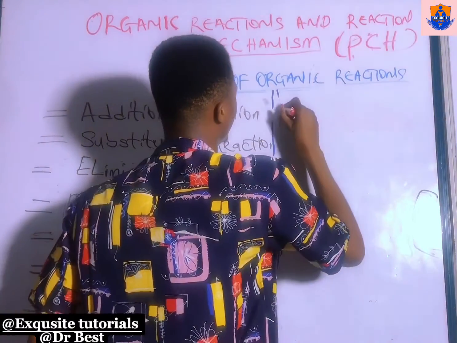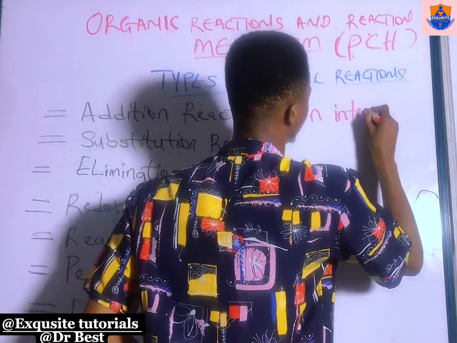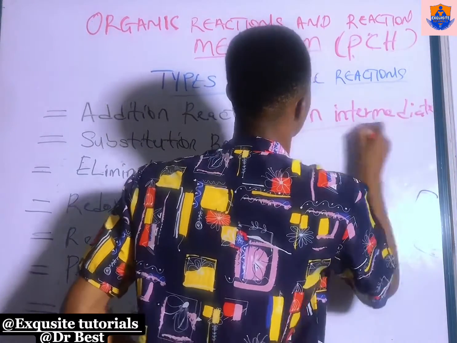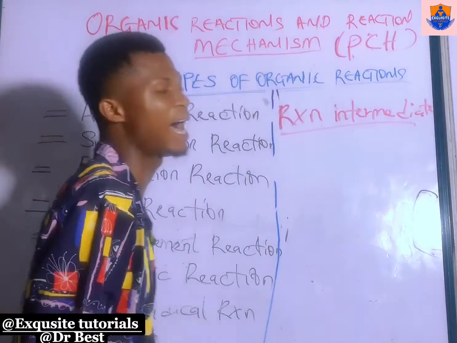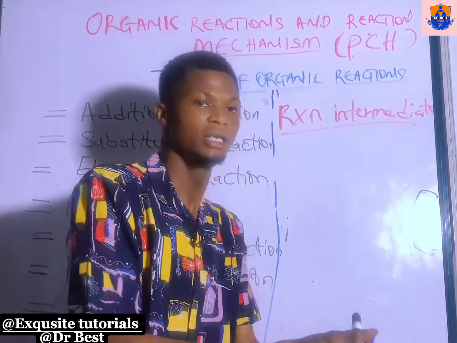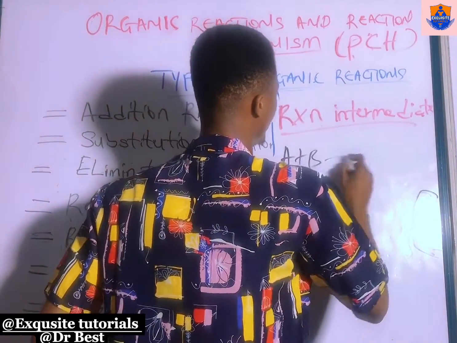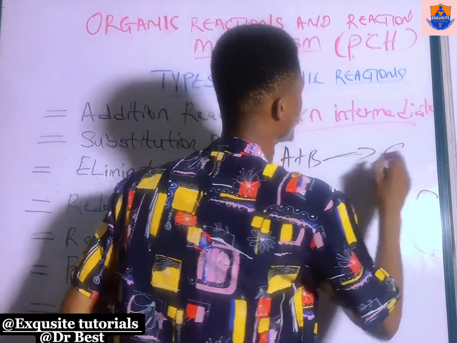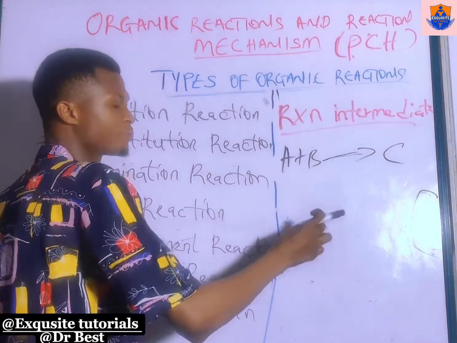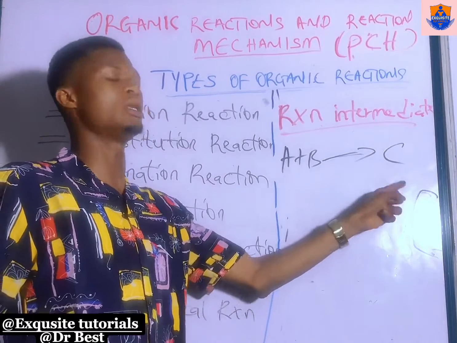Now, let's talk about reaction intermediates. Reaction intermediates are highly reactive species that are formed between the reactant and the product. Let's say we have A plus B to give us C. When we are talking about reaction mechanisms, there are intermediates that are formed before the product is formed.